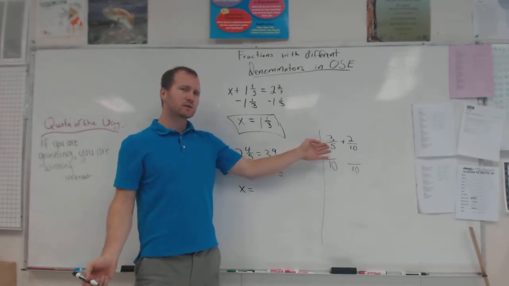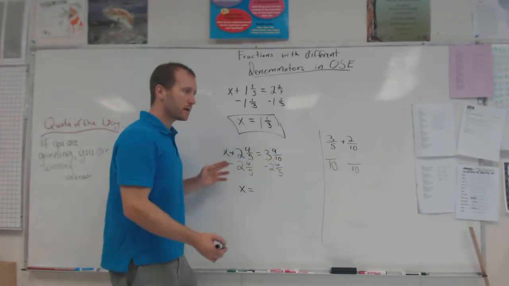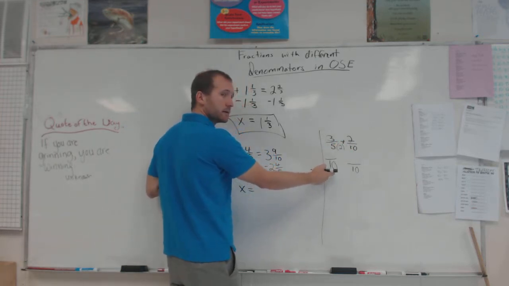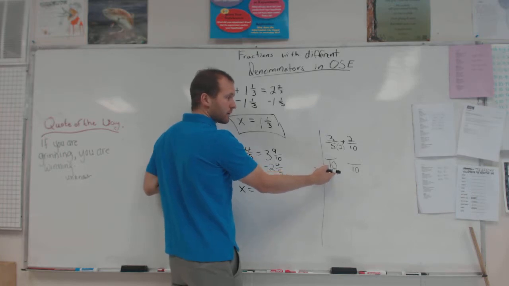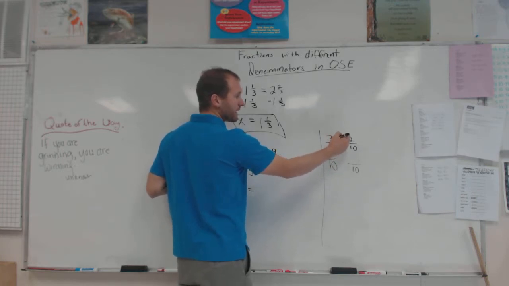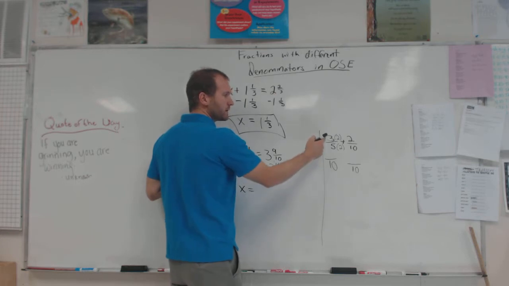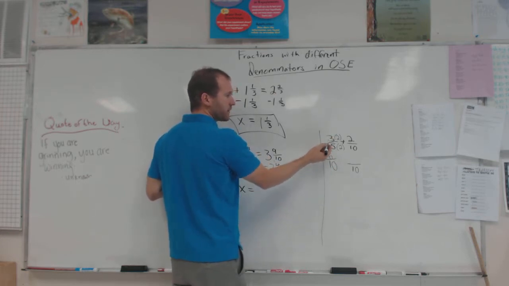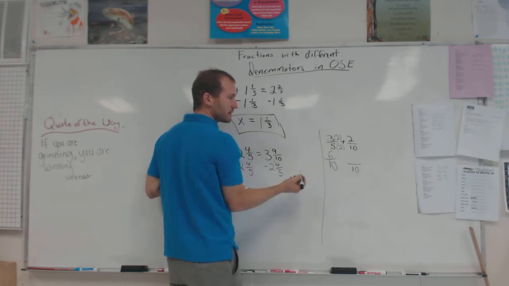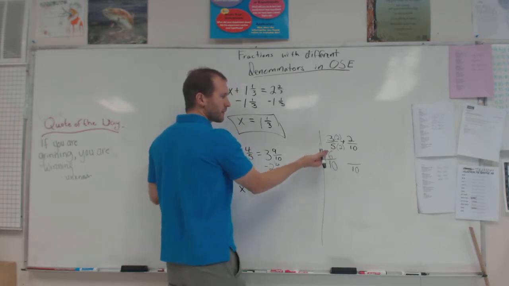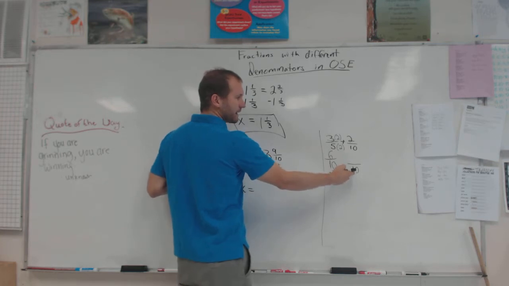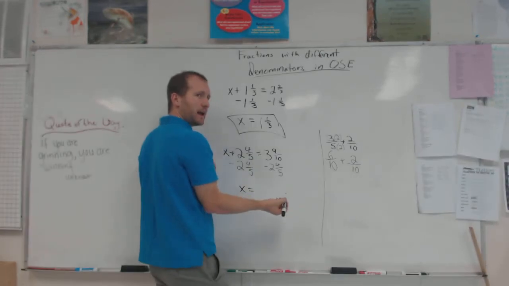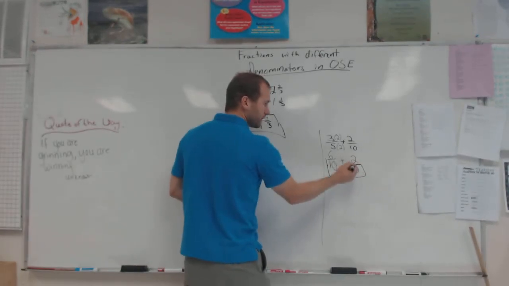But I can't just change this to 10, right? If I multiply this by 2, I get 10, right? So that means that I also have to multiply the top by 2. What is 3 times 2? 6 tenths. So 3/5 is 6/10. These are the same thing. Now over here I already had 10, so I'm just going to leave my numerator. Now I can add these. I have the same denominator.